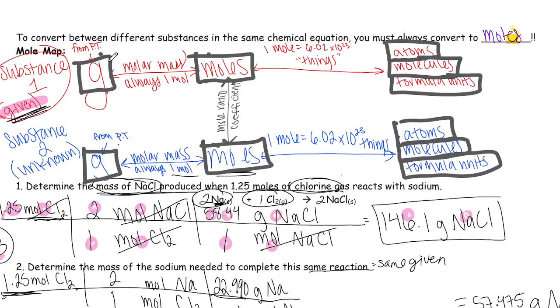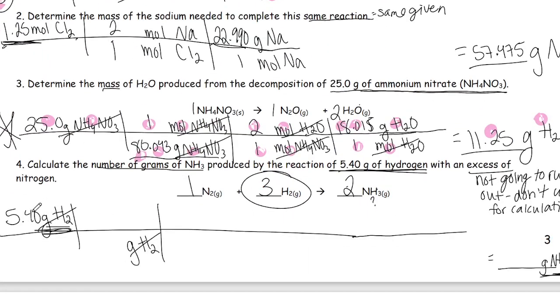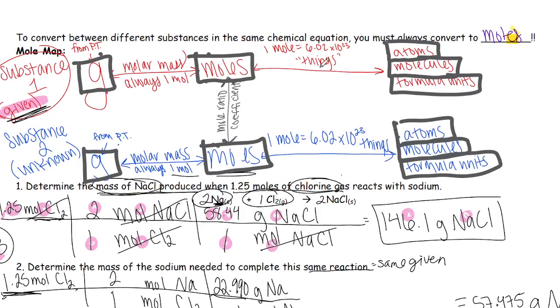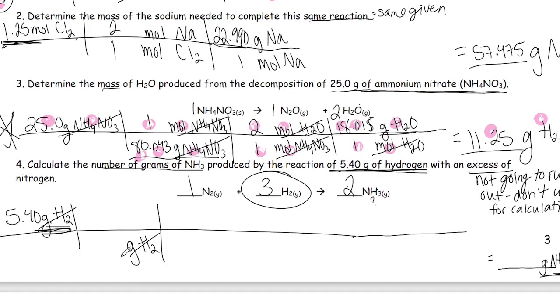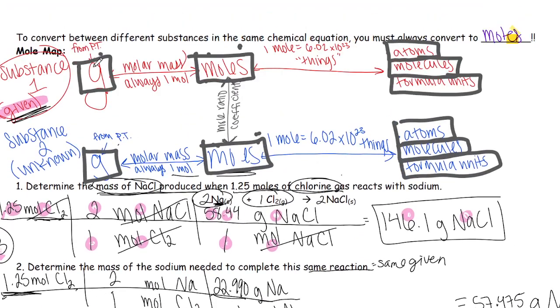So from grams, that's what we're starting in, of our given substance. We are always going to be starting in a substance, and even if you get it mixed up, if you don't know if you're in substance 1 or substance 2, it doesn't matter because they're identical lines. It's like two different trains that you have to get, and the only stop between the two trains is your mole ratio. So from grams of one substance, there is only ever one place that you can go, which is to where?